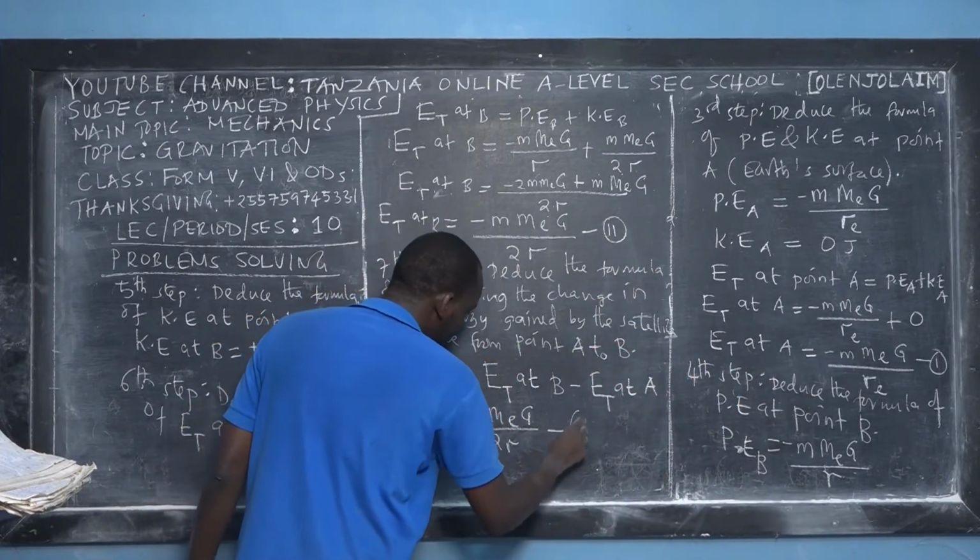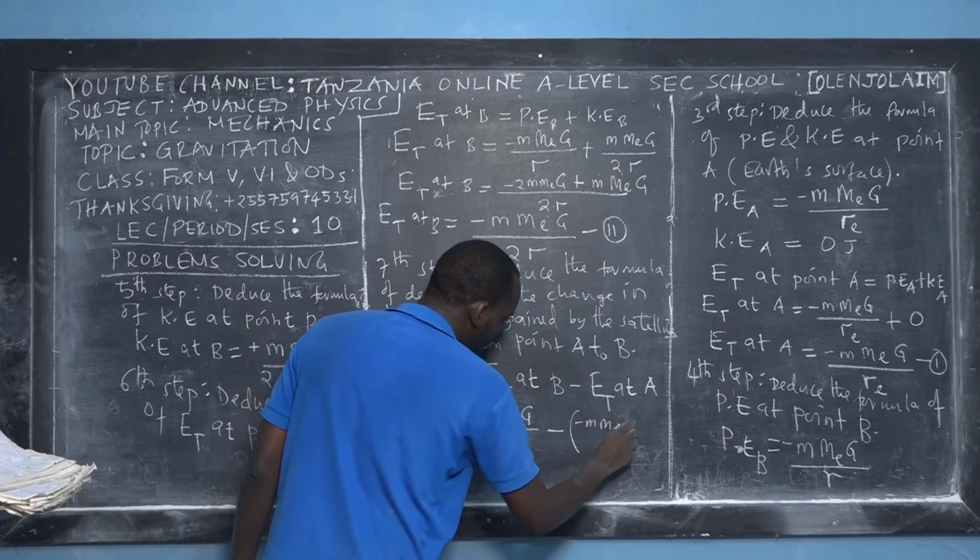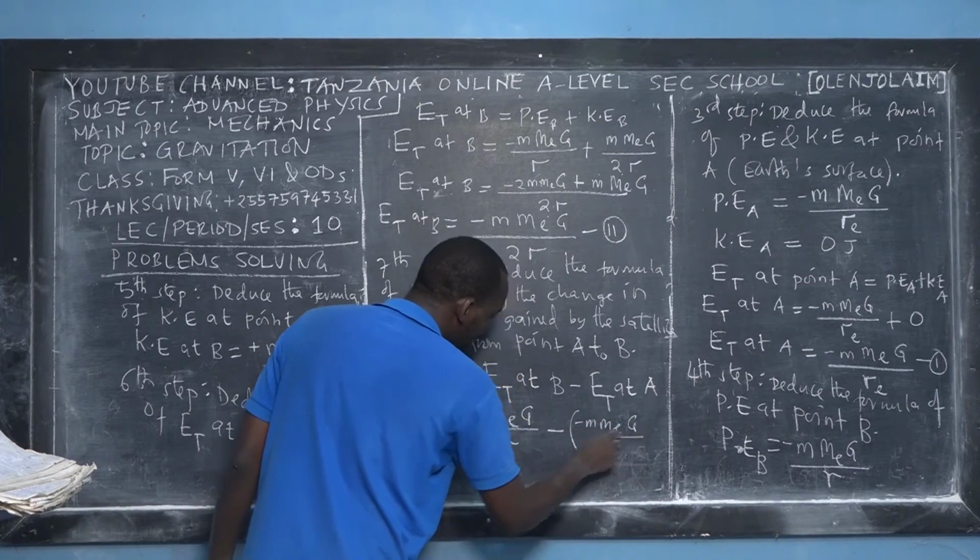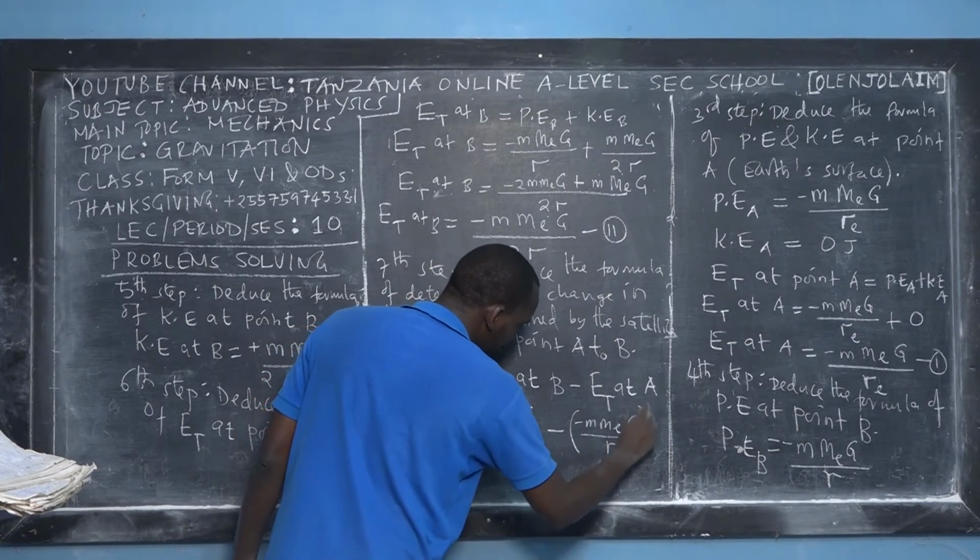So we say minus negative mass of the S, universal gravitational constant, over radius of the S.